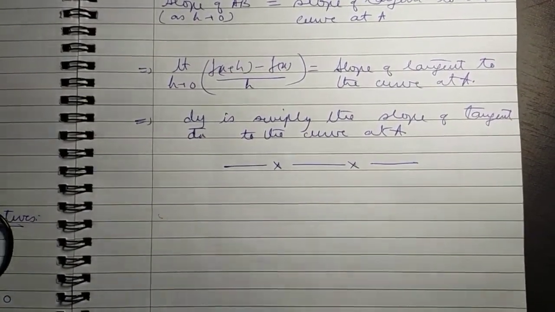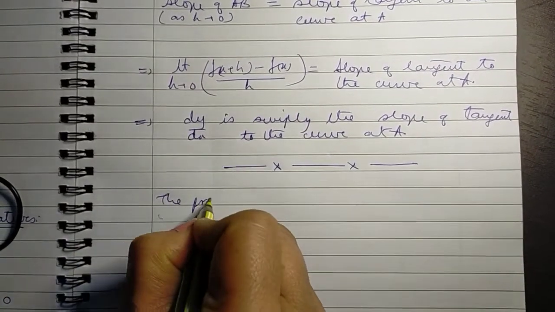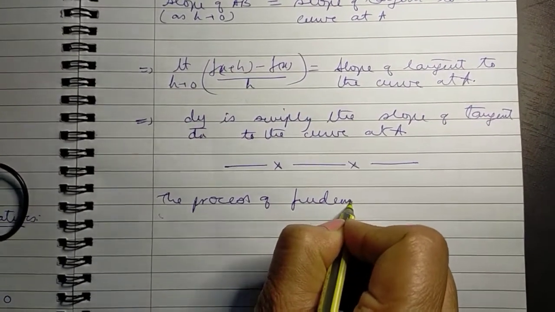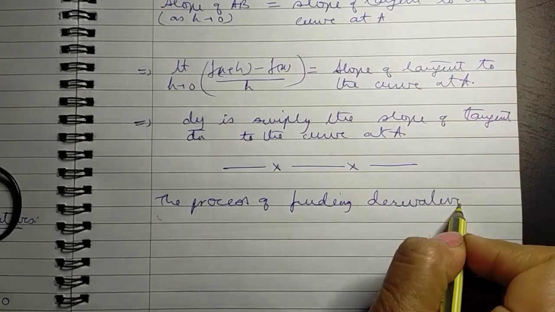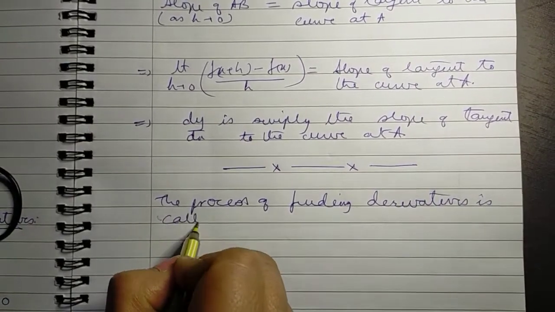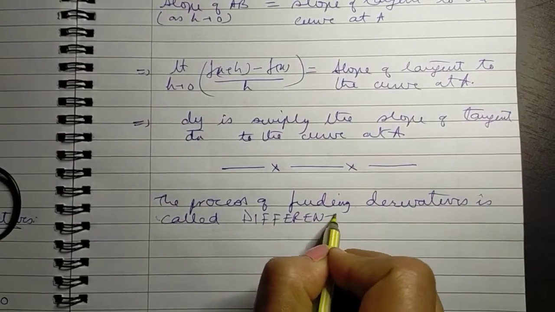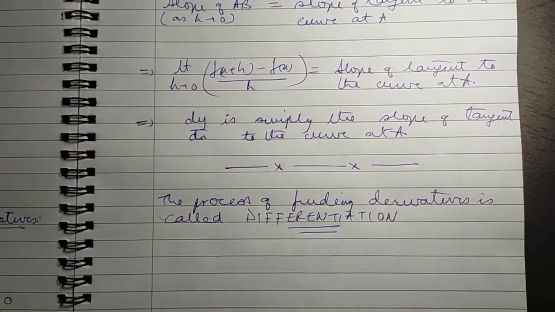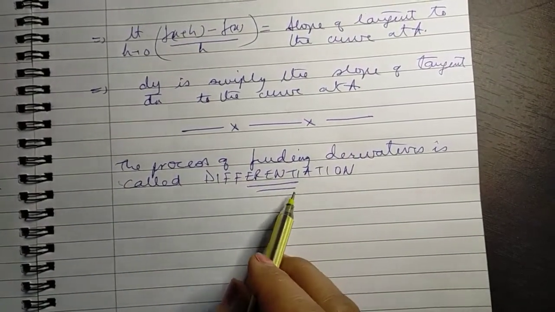Now, before we start, one more thing: the process of finding derivatives is called differentiation. You would have heard of this term differentiation. Many a times there is a confusion between derivative and differentiation.